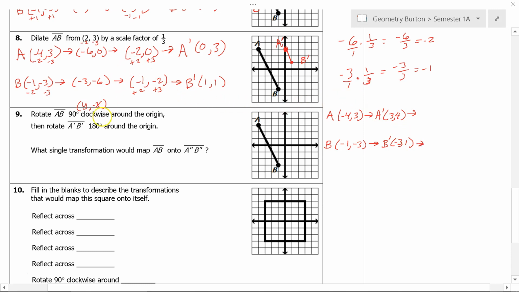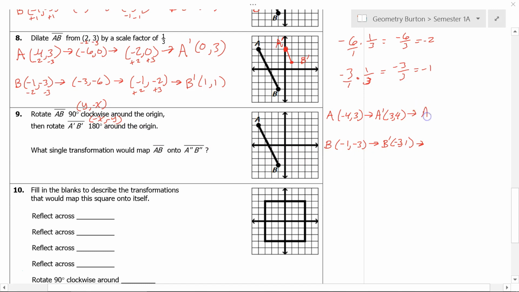Next, we're supposed to take our A prime and B prime and do a 180-degree rotation around the origin. Well, a 180-degree rotation, that's the one where we do opposite of x, opposite of y. We've memorized that.